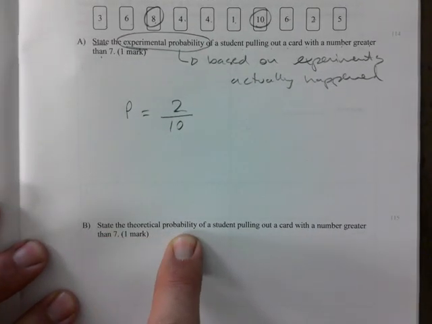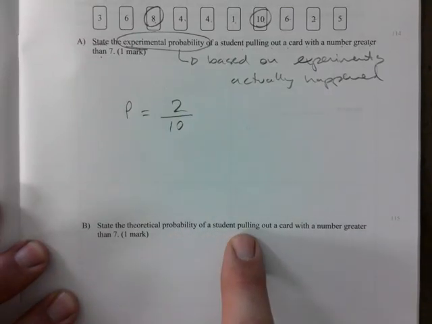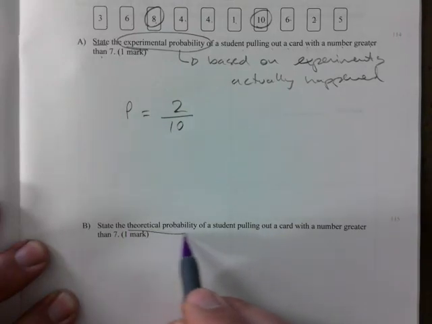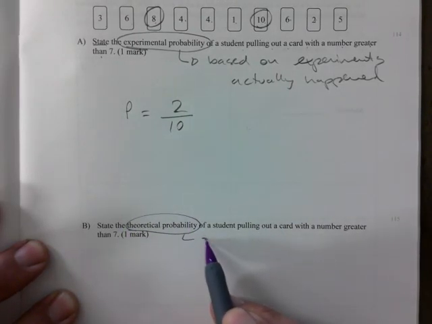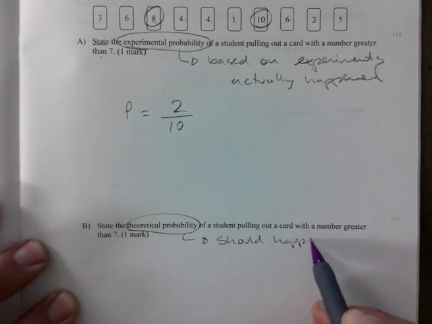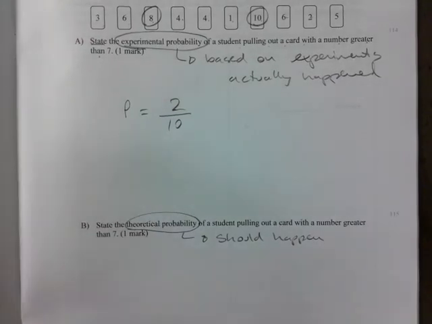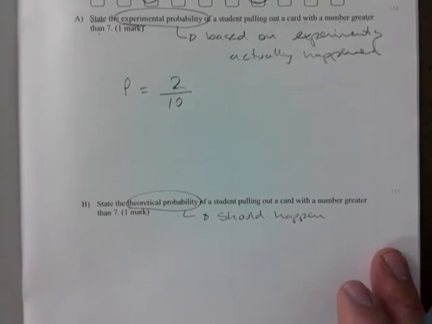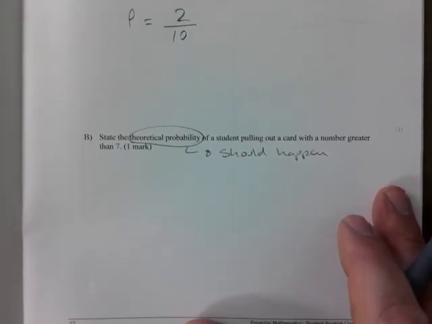State the theoretical probability of a student pulling out a card with a number greater than 7. Theoretical. This is what should happen. That's actually the more accurate one, guys. The theoretical is always the more accurate. How would you write the theoretical, folks?